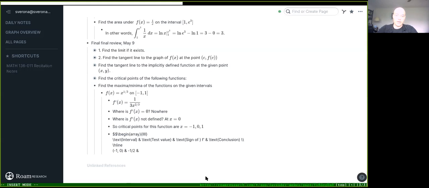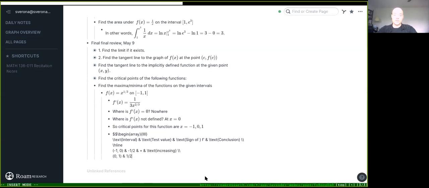So let's say -1/2. That is going to give me a positive number, because I'm taking the cube root of that and then squaring it on the bottom. So that's going to give me something positive. I conclude that on the interval -1 to 0, this function, that's f, not f prime, is increasing.